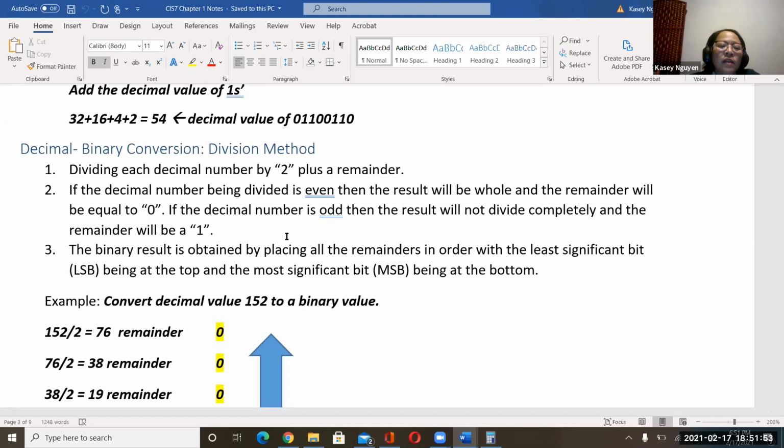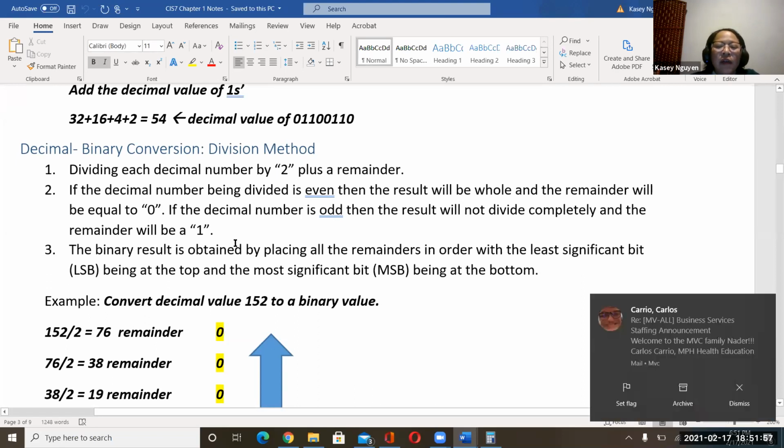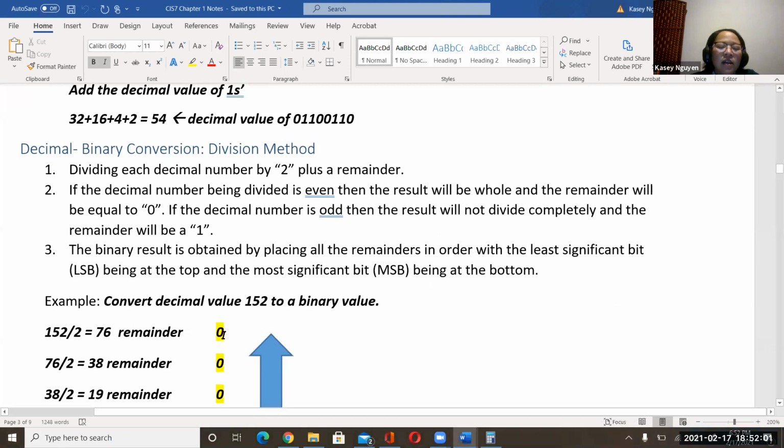Then what we want to do is divide it and look at whether you have any remainder. Using the division method in conversion of number systems, the remainder is important. If you're familiar with programming, mod is what we're using now. We're looking at the remainder or not.